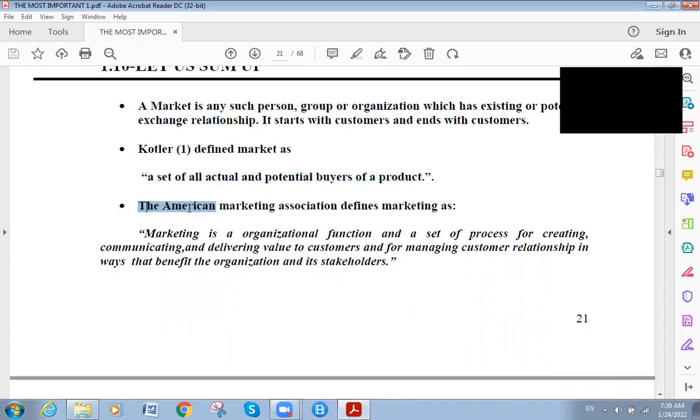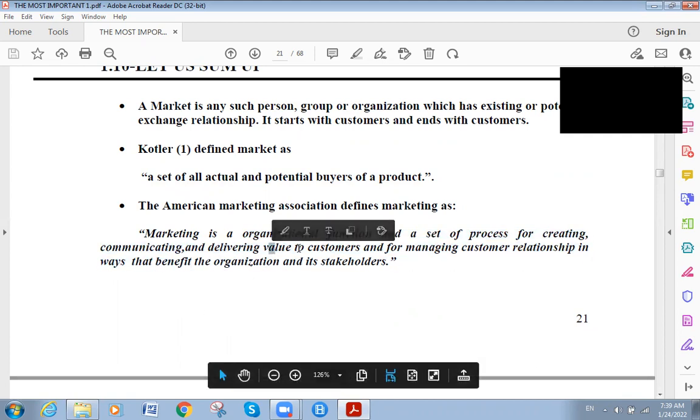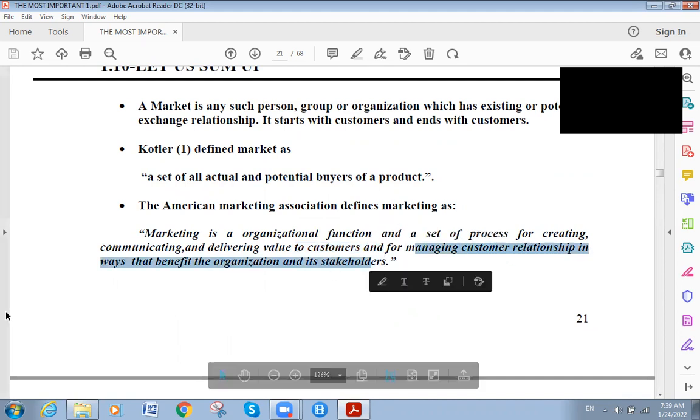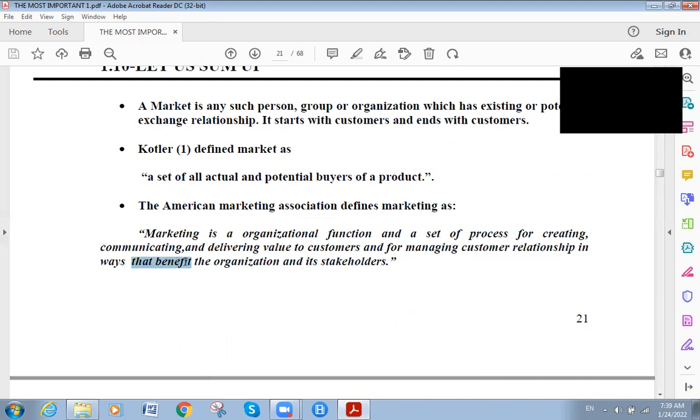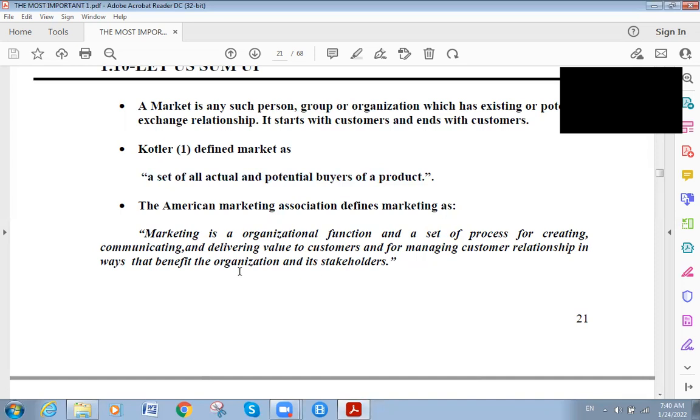The American Marketing Association defined marketing as an organizational function and a set of processes for creating, communicating, and delivering value to customers and for managing customer relationships in a way that benefits the organization and its stakeholders. Okay, so these are the main meanings of marketing.